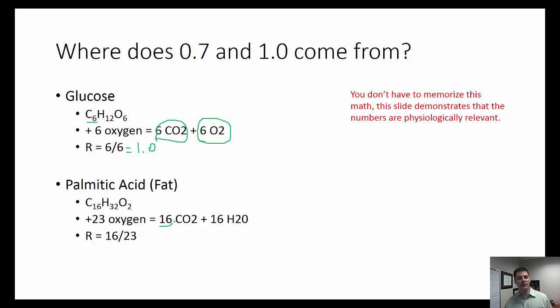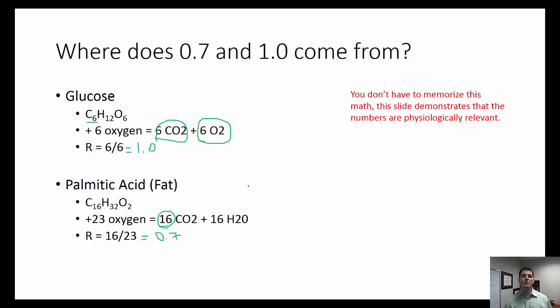We should immediately know we make 16 CO2s in this scenario. However, we consume 23 oxygen. Again, here's that efficiency number coming out as we talked about, where there's more oxygen needed to break down a fatty acid. So here's an example, 16 divided by 23 now gives us 0.7 and sets us up to understand that this number is, of course, the bottom of our range.